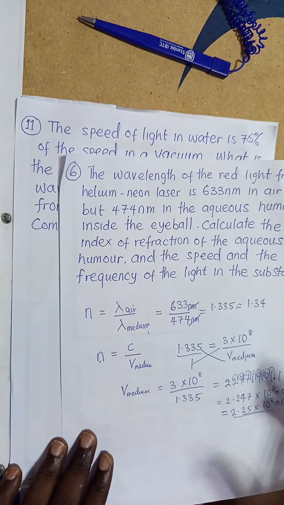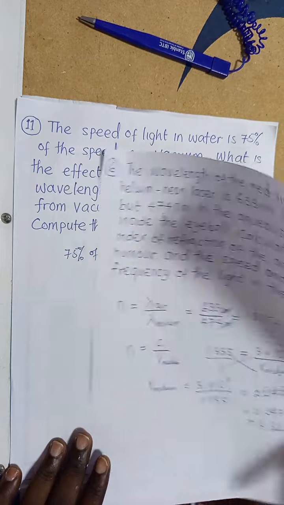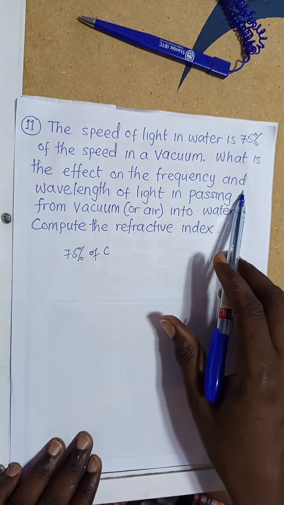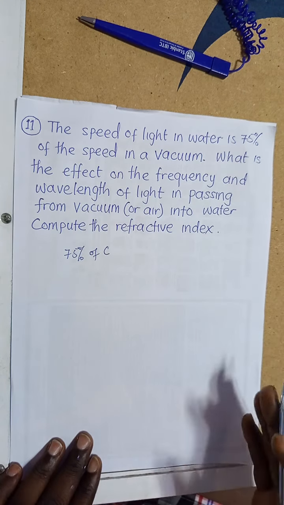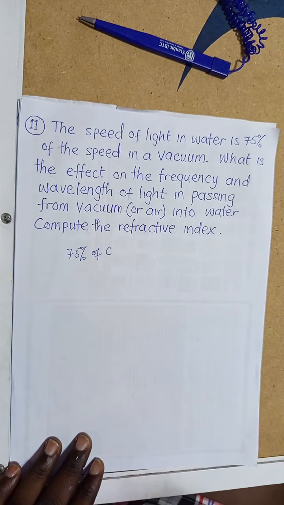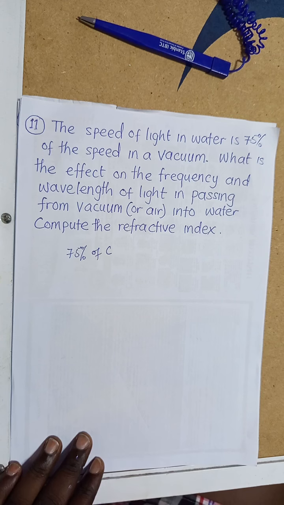I did not solve it because the frequency will remain the same. The same thing with this one now. The effect on frequency: no, frequency will not change. When light travels from one medium to another, the frequency remains the same. What changes is wavelength and speed.